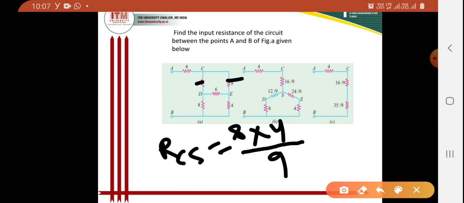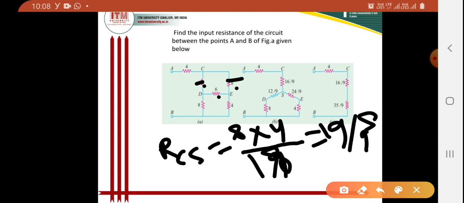Not 9, this is 18, because 8 plus 4 plus 6, 8 plus 4 is 12, plus 6 is 18. So RCS will be 8 into 4 divided by 18. So what will be the value? That will be 16 by 9 ohm.